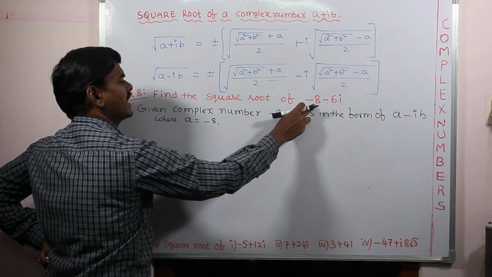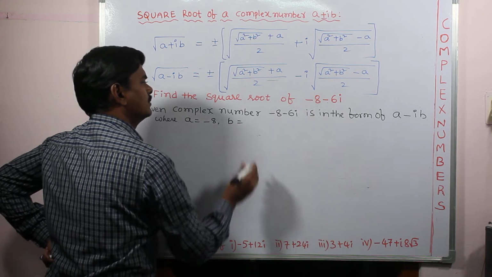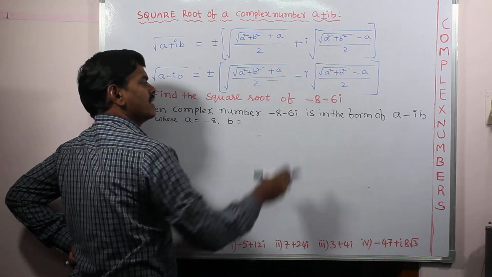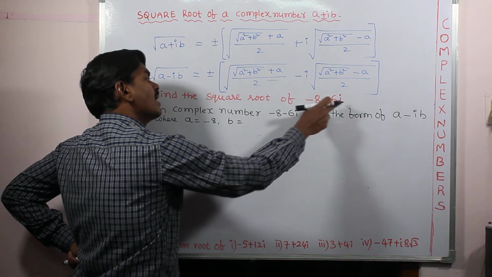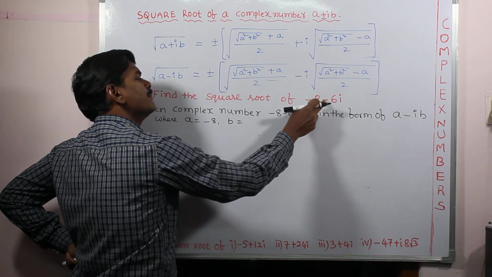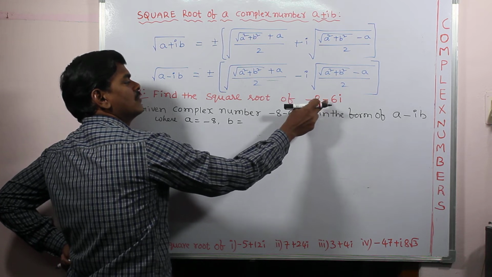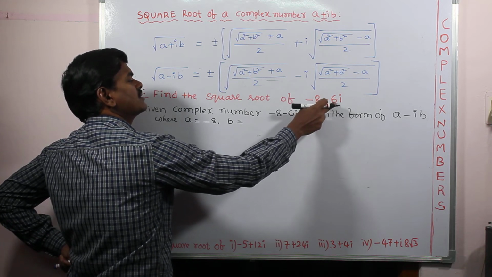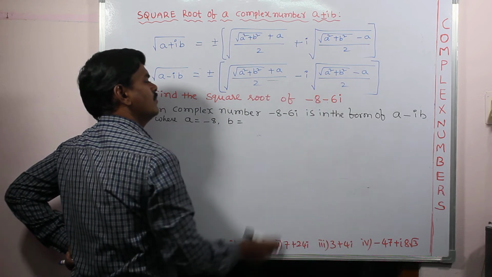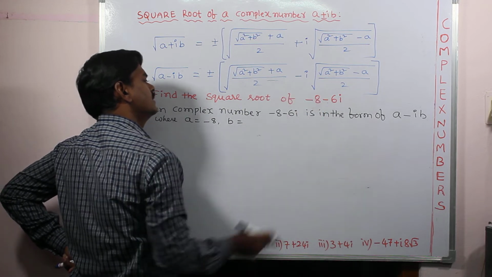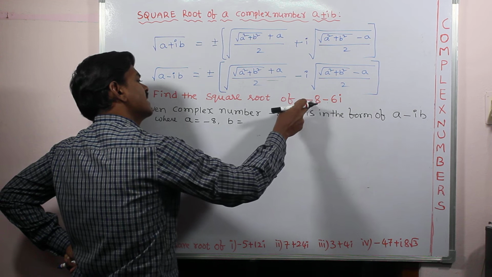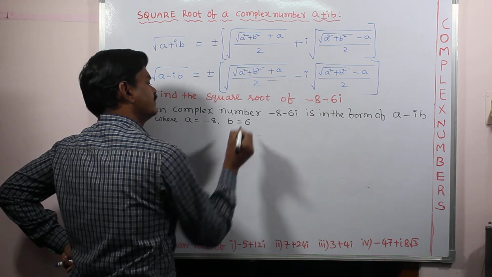Now b value, don't say minus 6. We have a formula for a minus iota b, so the minus goes into the formula only, so b is 6. Most of the people may get confused here. So a value minus 8, b value 6.